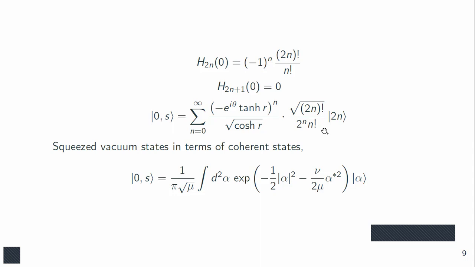So we can correspond it and you could see the direct implication of this proposition here because indeed the squeezed vacuum state is the superposition of the even coherent states. So this is the correct expression that we were trying to derive, and we can also write squeezed vacuum states in terms of coherent states by using the identity property of the coherent state as the integral of the outer product of the coherent state ket and bra, taking the integral over the whole phase space.